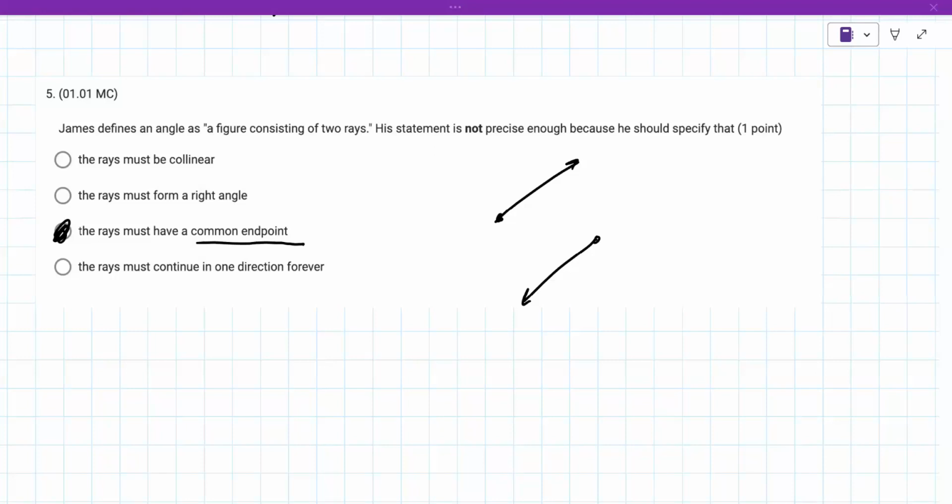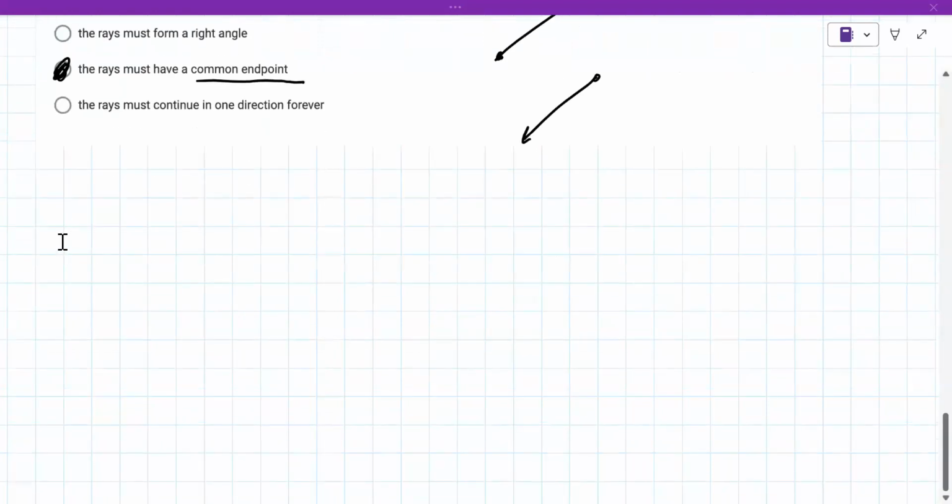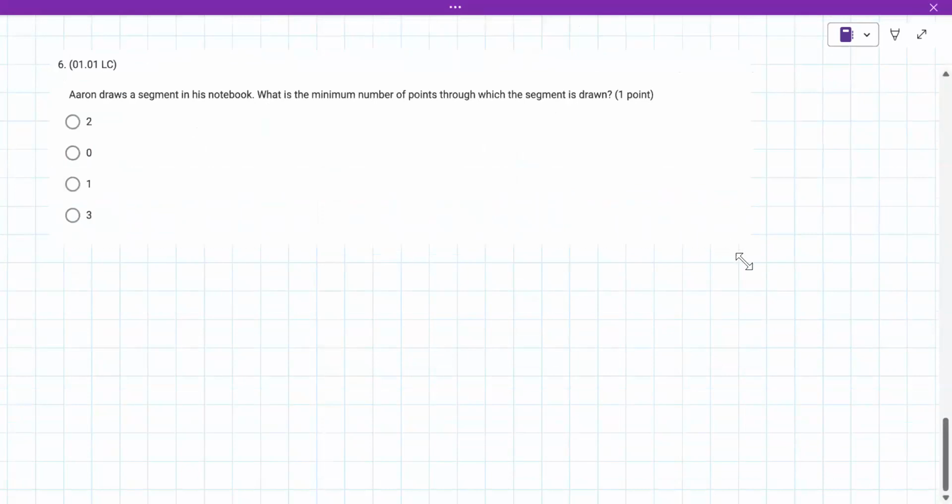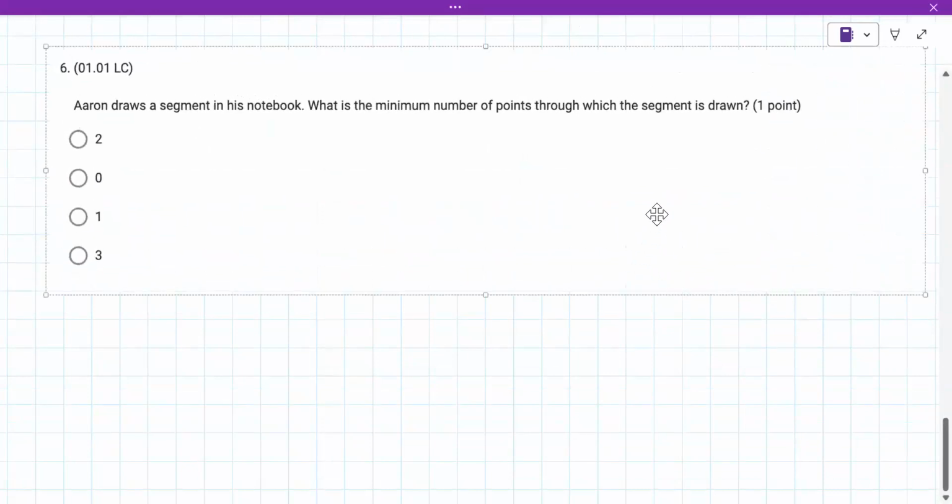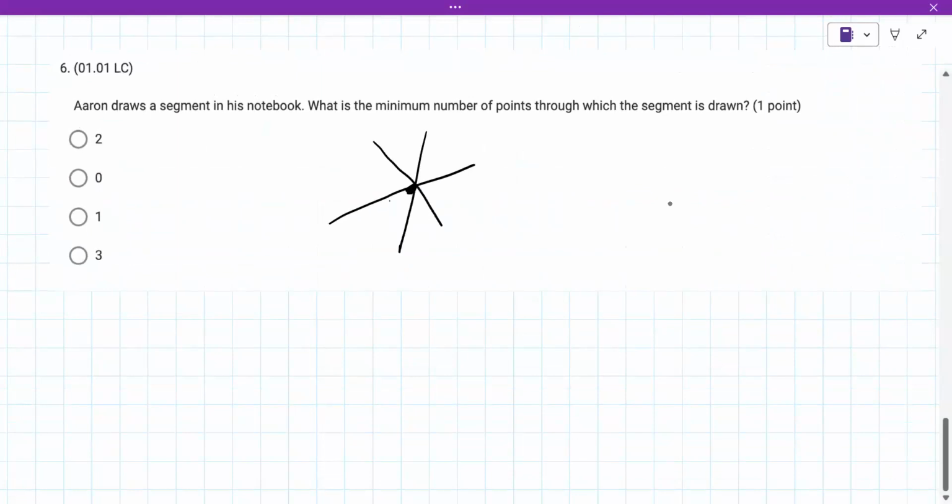Wait, actually, as you're putting it in there, number 6, I would think it'd be 2. Let me get it up here. All right, Aaron draws a segment in his notebook. What is the minimum number of points through which the segment is drawn? What I always tell students is if you have 1 point, you can draw an infinite number of lines or line segments through that point.